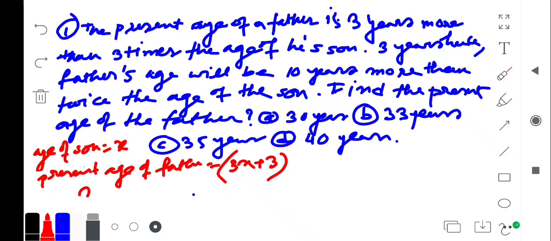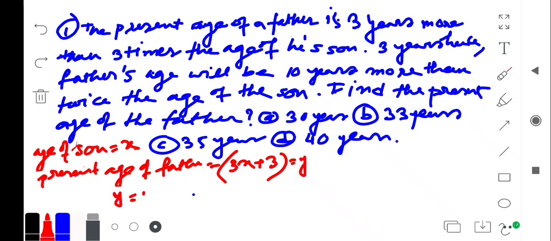Okay, suppose this is the son's age, that is x, and this is the father's age, that should be y.